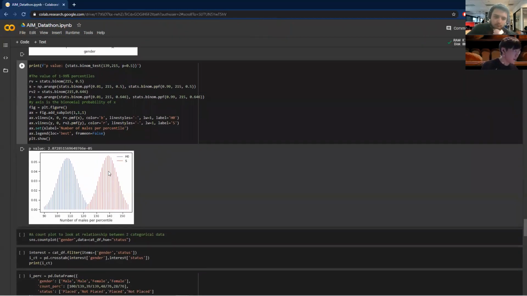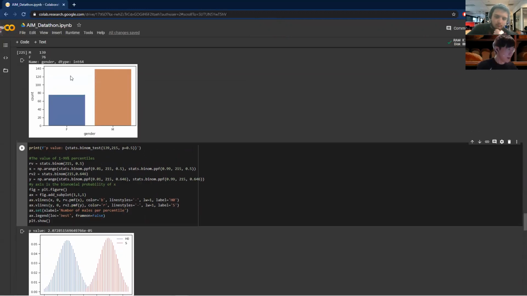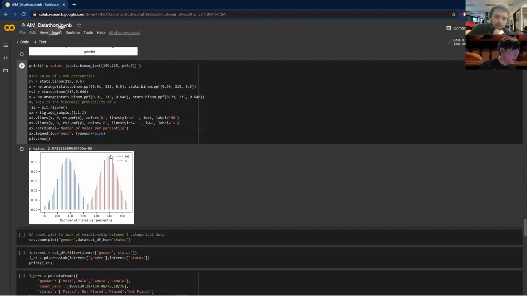And as you can see, this is if having a male and a female participant is 50-50, and this red distribution here is our sample distribution. If our sample distribution happened by chance, then the probability is about 0.02%. So that's quite unlikely.